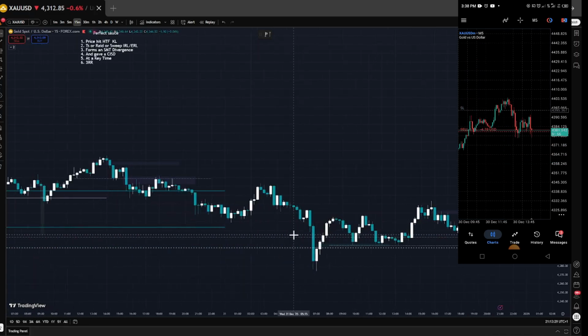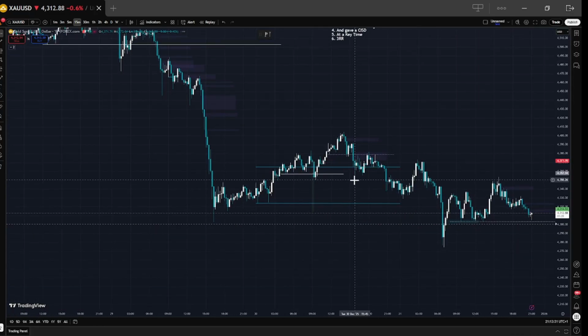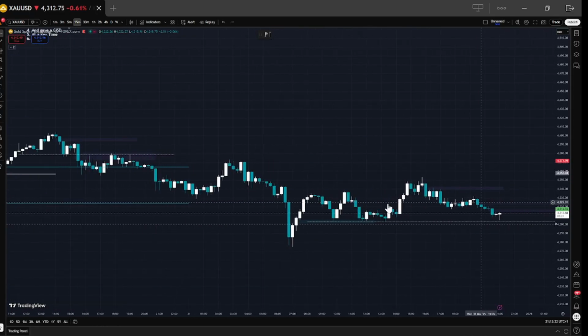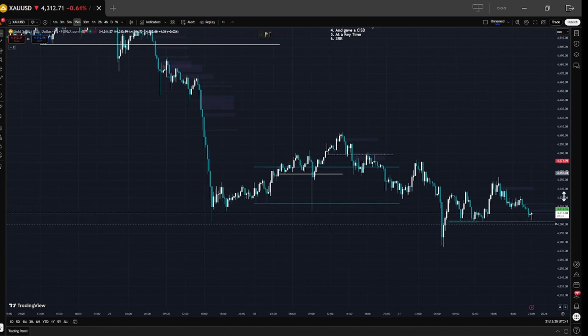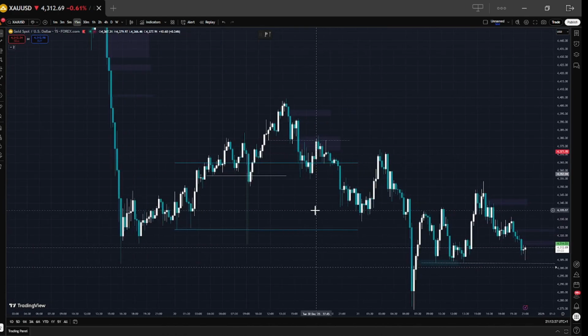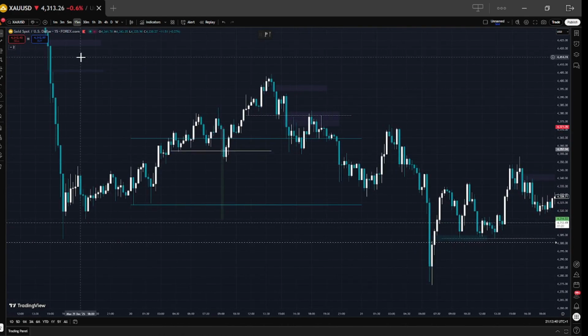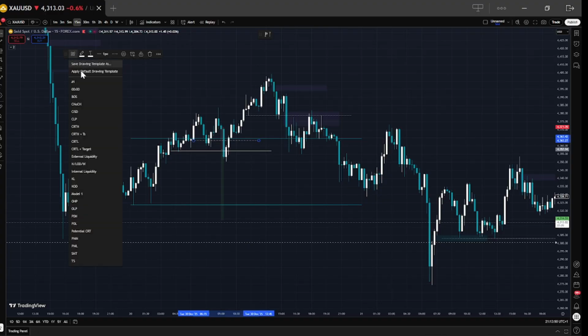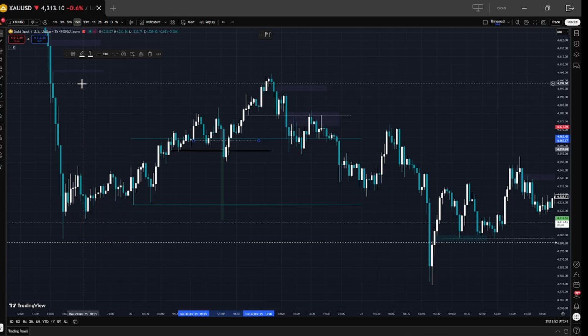And here it is. That candle had been formed just before I got to the market, and then here we already have model one, that is that specific candle that raided the previous high or the old high.